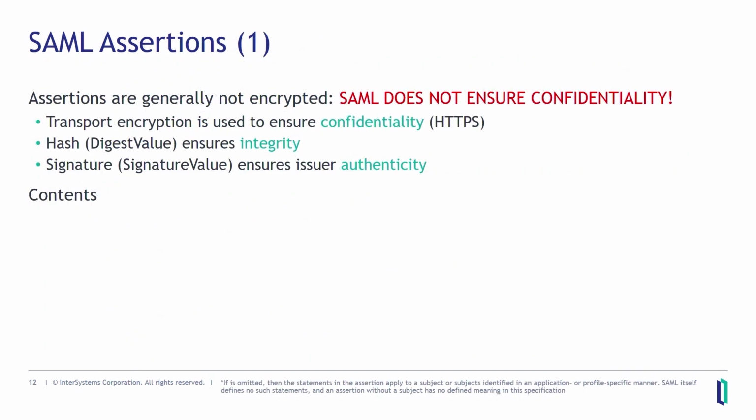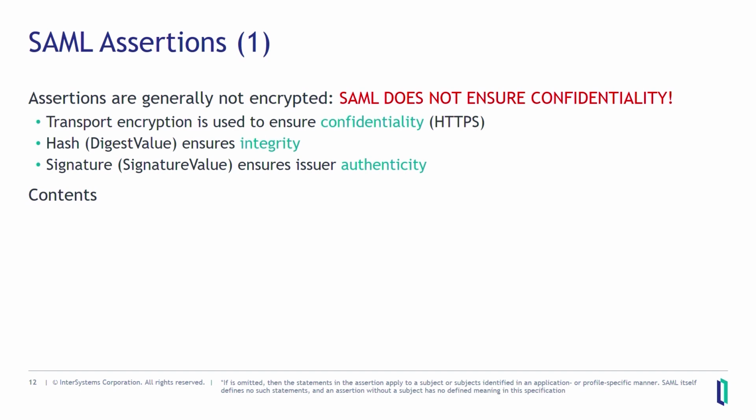It's completely readable. It's actually not encrypted. So one of the first rules you need to remember is that SAML does not ensure confidentiality. It's not something secret, as it is. So whenever you use SAML, you still need to have an encryption transport mechanism to ensure confidentiality between the two parties exchanging it.